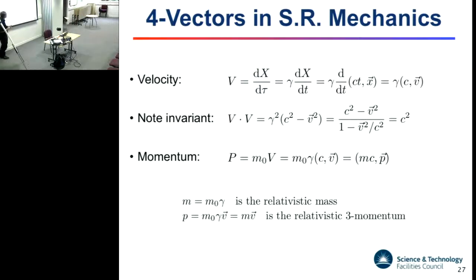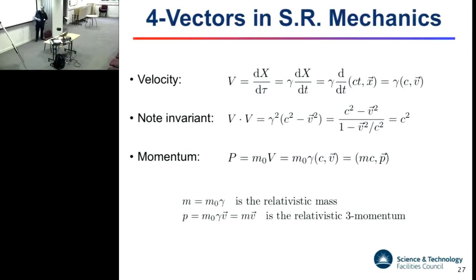And then the momentum: if you multiply this 4 vector by the rest mass, m0, you get this quantity here. And this is the 4 momentum. It consists of 2 bits, a single piece here, which is m0 gamma c, and we associate that with the energy of the particle.